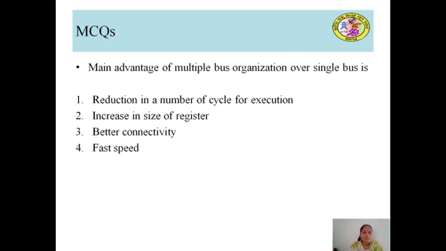The next question, the main advantage of multiple bus organization over a single bus is. The main advantage of using multiple bus organization is to reduce the number of cycles. So that is option A, reduction in the number of cycles for execution. That is choice 1.